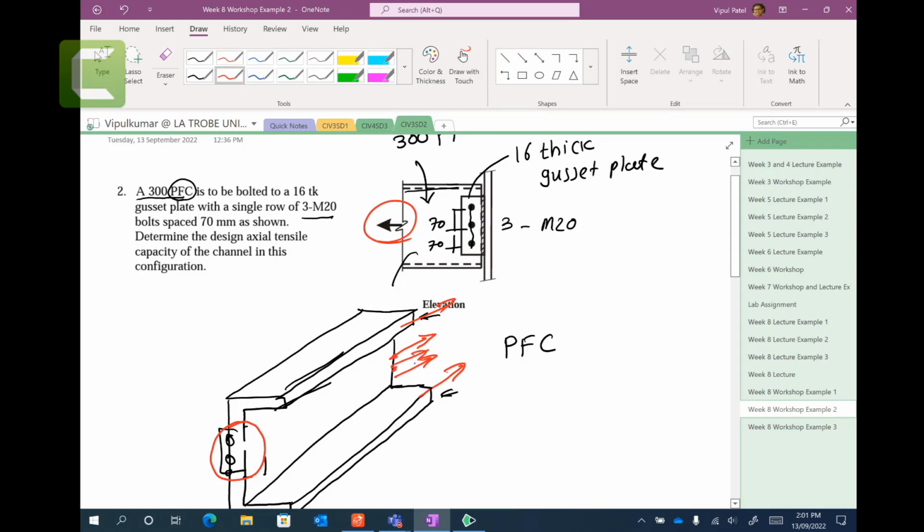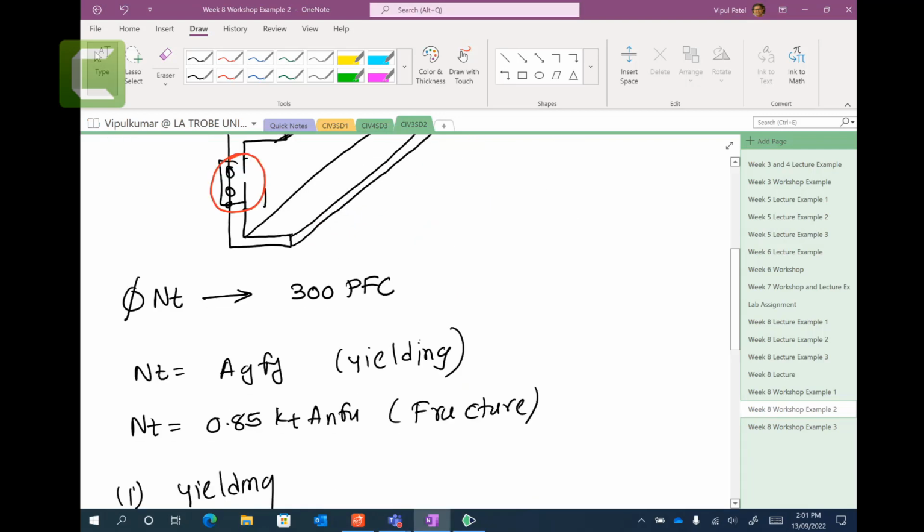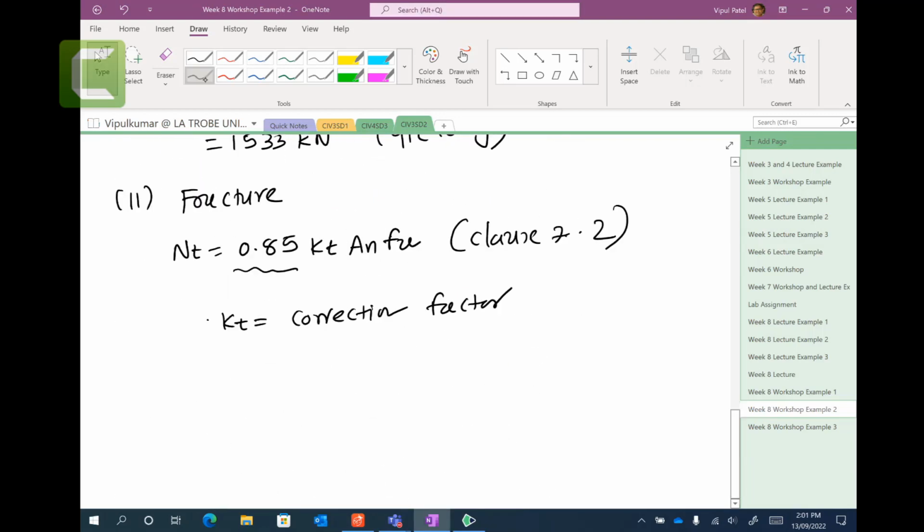This side will have less resistance, but this one will come out more. So it's non-uniform. Therefore k_t is less than 1 and it's 0.85. You don't just randomly take it. So k_t equals 0.85, a 15% reduction due to non-uniform stresses.